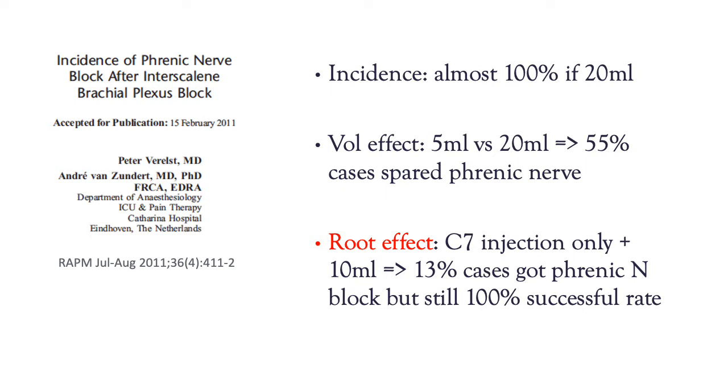And if you can identify the anatomy well and you know the nerve roots well, you can do a C7 nerve root injection with 10 ml of local anesthetic. In this approach, almost 87% of cases will be spared, but the block is still successful.